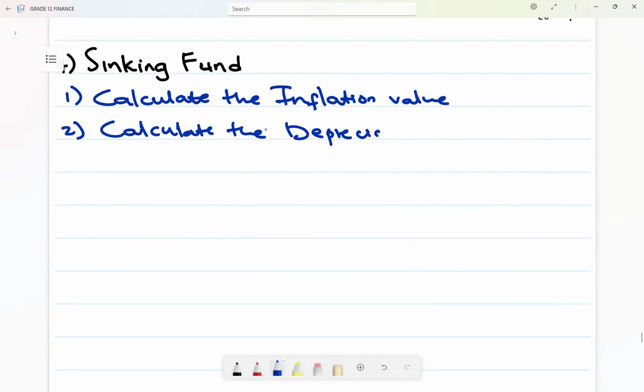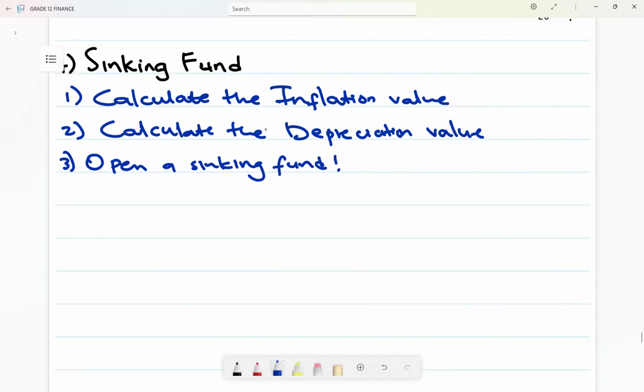Cool. And then thirdly, I will need to open a sinking fund. The question is how? By saying my sinking fund is going to be F, where F is equal to the inflation value minus the depreciation value. This will be the amount that I need.